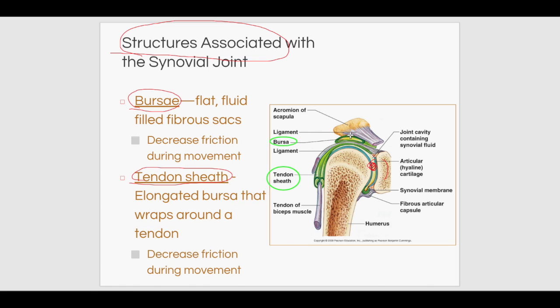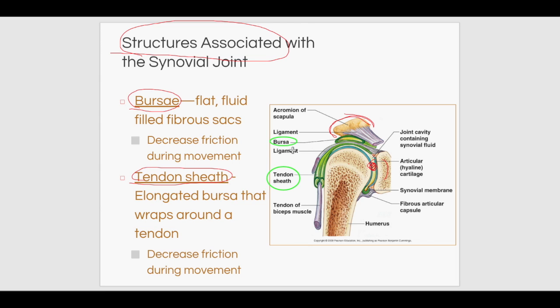So for instance, within this humerus and scapula joint, we have this structure that projects from the scapula called the acromion. And so as our arm lifts, you can imagine that these two bones are going to constantly come in contact with each other and they can cause some severe crushing.